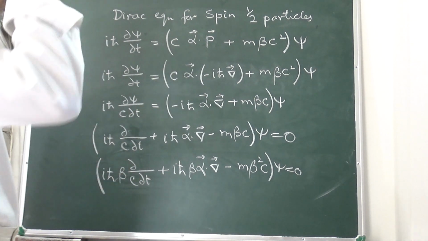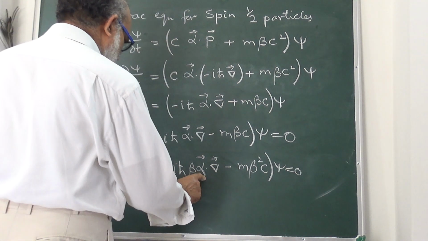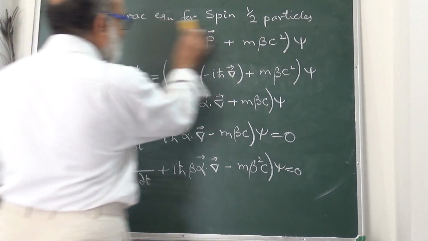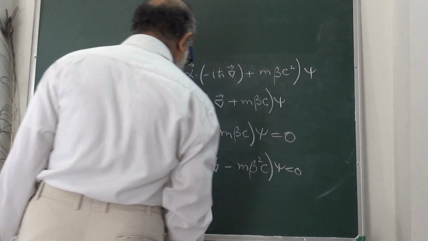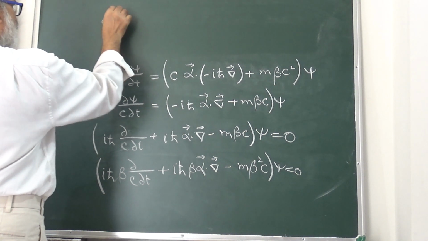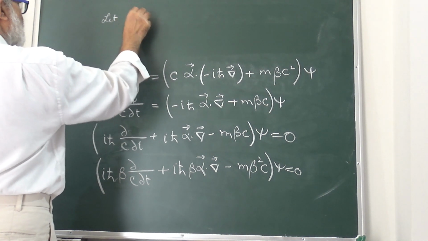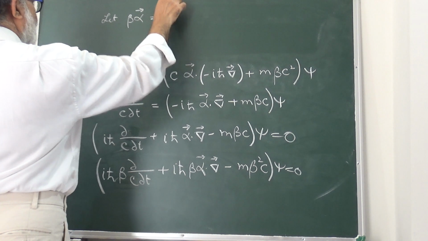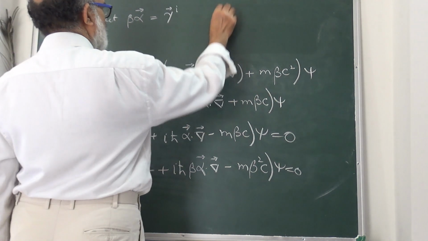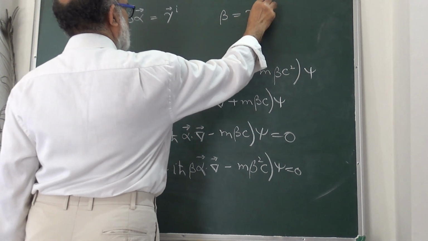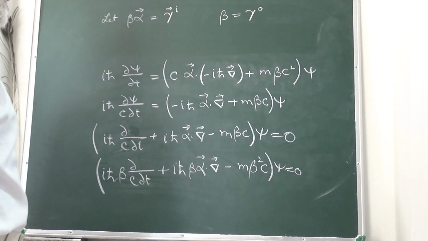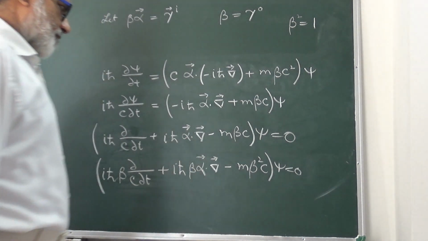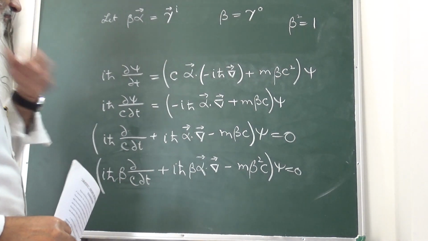Now we write beta alpha as gamma, let beta alpha be gamma, and beta is gamma 0, and beta square, where alpha and beta are 4 by 4 matrices here.